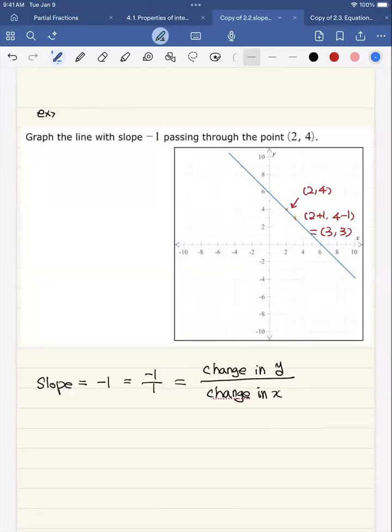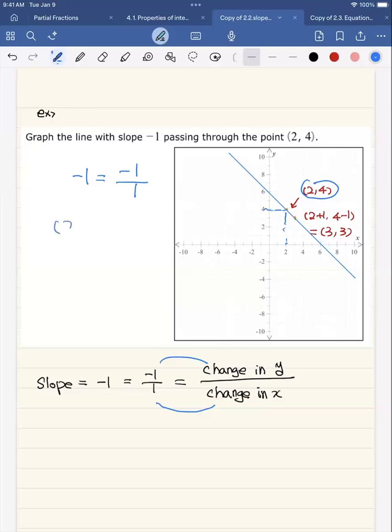The next problem is graph the line with slope -1 passing through the point 2 and 4. One point is given concretely, so we plot the point 2 and 4. This is 2 and this is 4, and slope is -1, so that can be written as -1 over 1. That is change in y, -1, and change in x, 1.